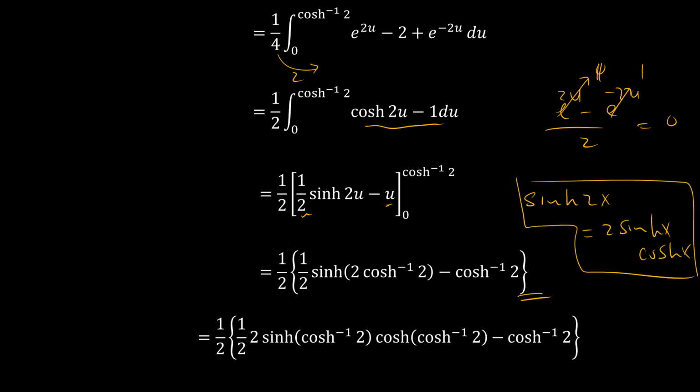Using this expression, this becomes 2, and now you can cancel that. The question is, what is this?